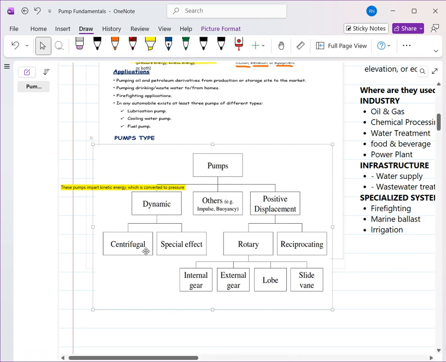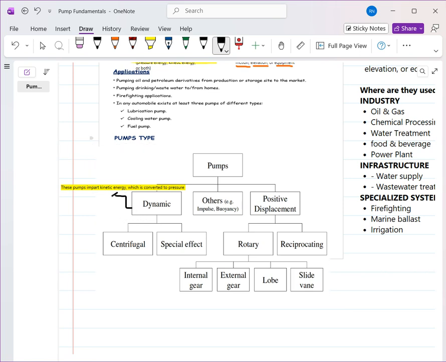Now these contain three types of pumps. Here it is not given, but I will write it here. The first one is the radial flow pump.